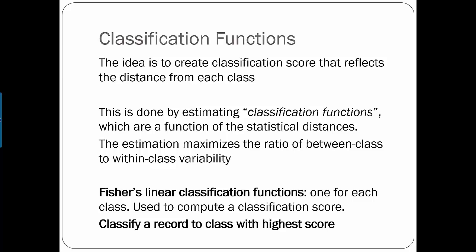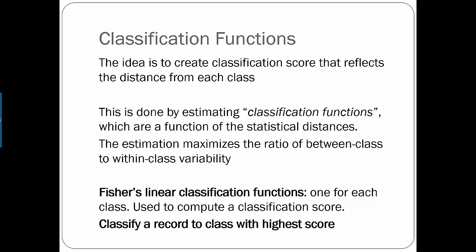Now, when you apply the discriminant analysis methodology in SAS, SAS generates what are called Fisher's linear classification functions. So it'll give you a regression analysis like equation, right? So you calculate using those equations. You'll have one equation for each target value.